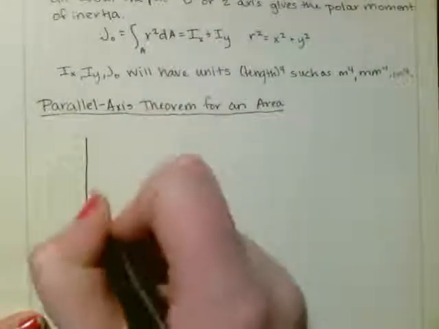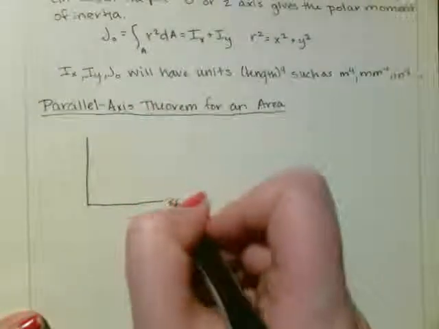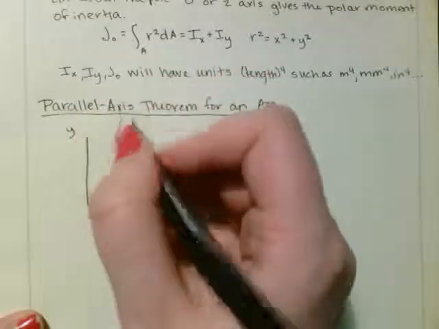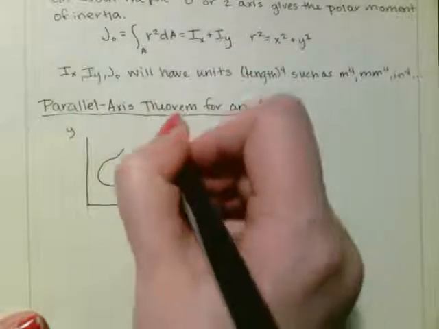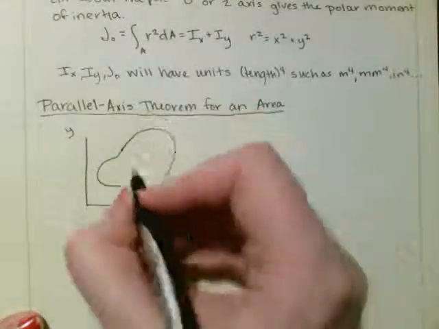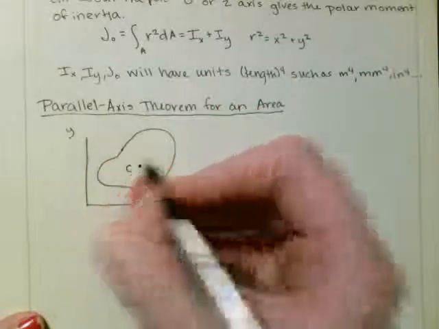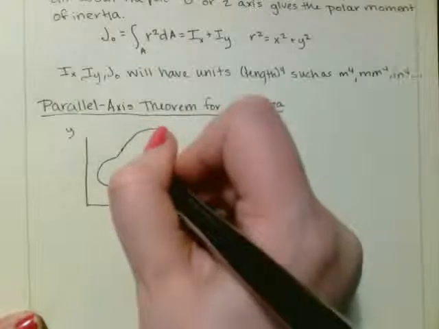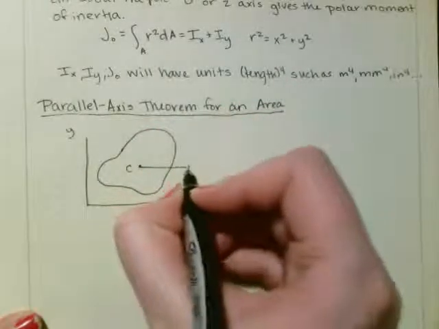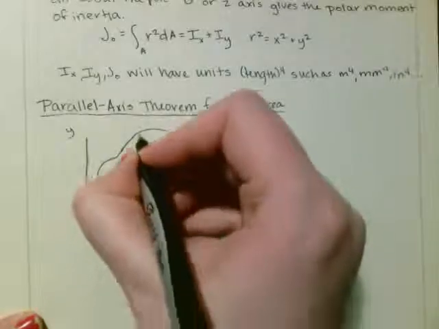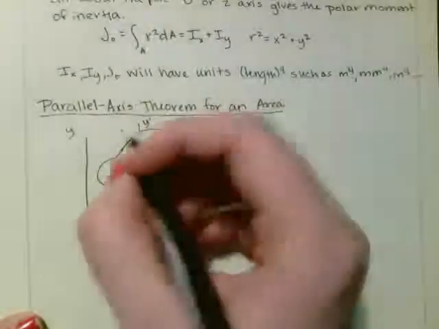So if we had our axes, x, y, and some area like this, and our centroid is going to be right here. So if we put an axis right through that centroid, we'd have x prime and y prime.